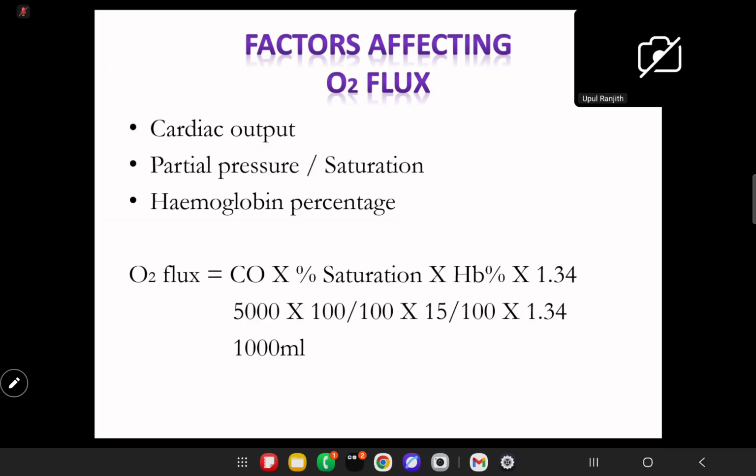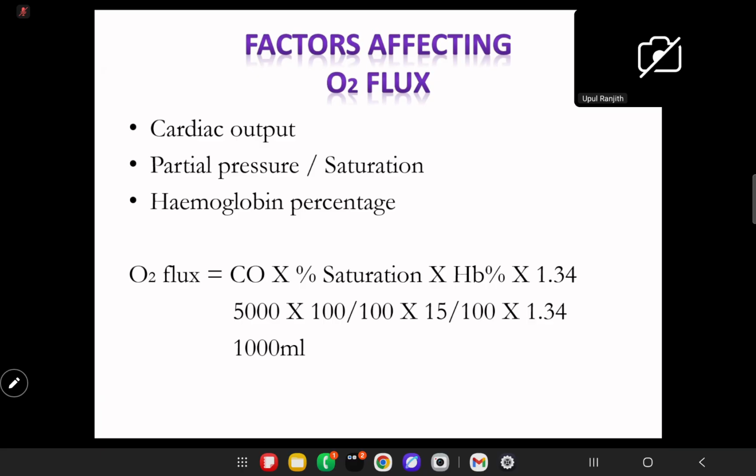Now you have to add the dissolved oxygen fraction also to this equation to complete the oxygen flux. So 15 ml should be added, right? It is not only bound to hemoglobin, it is carried in the plasma also, as I mentioned before.